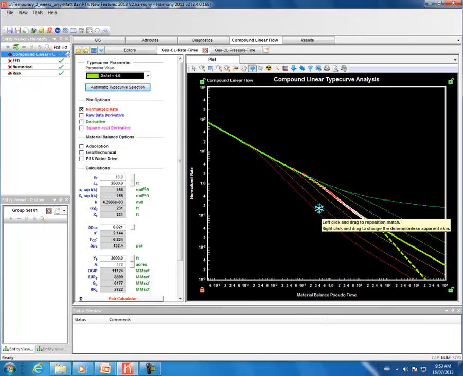And by doing so, the following values are calculated: the dimensionless pressure loss due to apparent skin, the apparent skin, the dimensionless apparent fracture conductivity, and the actual pressure loss due to apparent skin, which is determined from the last 5 flow rates.